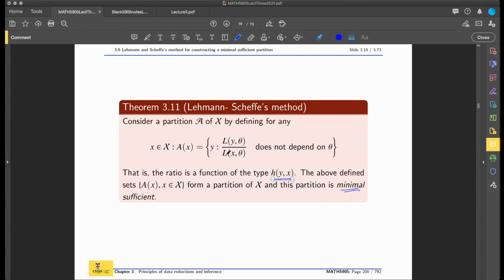So the sets that define this expression not to depend on theta turn out to be the sets that define my minimal sufficient partition. Okay. So again, we're just computing a likelihood of a y sample and x sample, computing this ratio, finding the situation in which this won't depend on theta, and we'll look at some examples on how you do that by defining a suitable statistic, and then that statistic will generate your minimal sufficient partition.